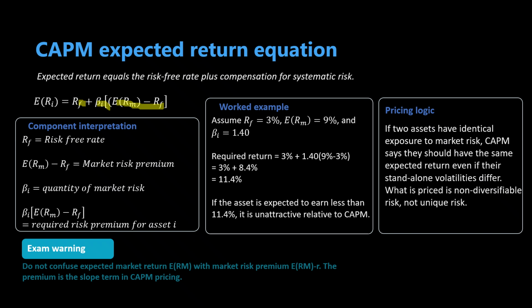The pricing logic is clear. Two assets with the same beta must have the same expected return, even if their total standalone volatilities differ dramatically. CAPM prices systematic risk, not idiosyncratic volatility.